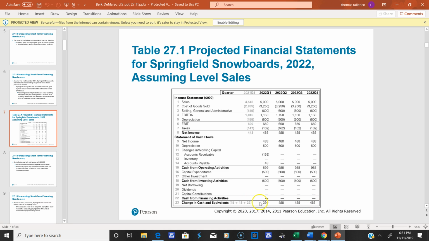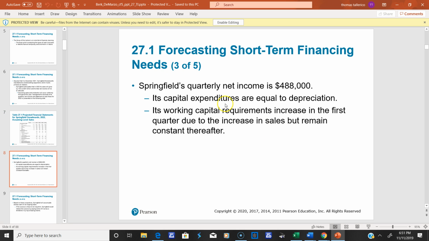Changing cash and equivalents, mostly because the depreciation and the capital expenditures were a wash. And that's all reflected here. Their quarterly net income was $488,000. The capital expenditures are equal to the depreciation, and so on and so on.